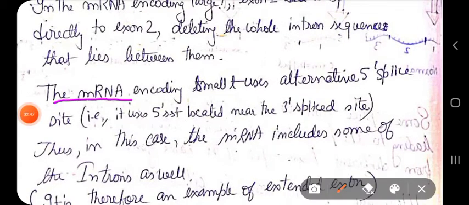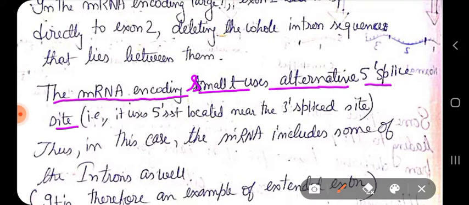Now, the mRNA encoding the small T antigen uses an alternative 5' splice site. That is the 5' splice site which is located near the 3' splice site.